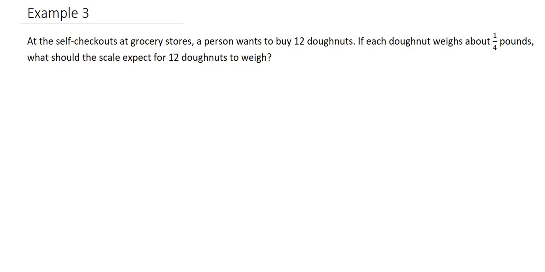Example 3. At the self-checkouts at a grocery store, a person wants to buy 12 donuts. If each donut weighs about 1/4 pounds, what should the scale expect for 12 donuts to weigh? So we're going to multiply 12 times 1/4.